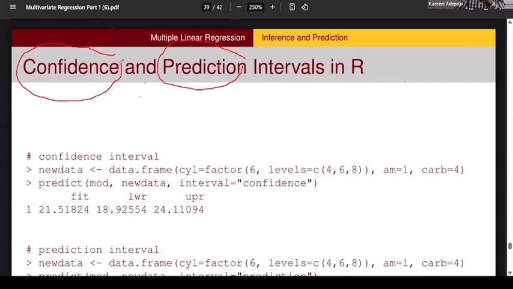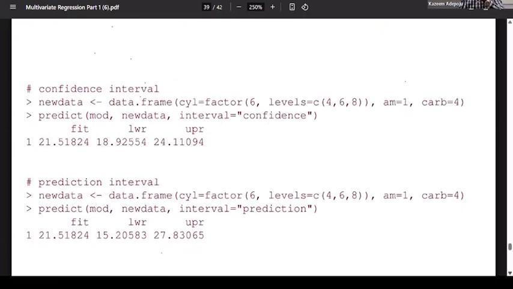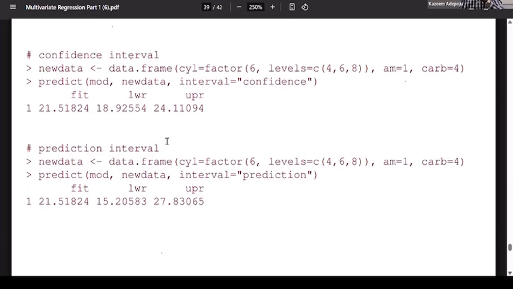Now, what is the code? I need you to pay attention. Look at what I'm doing here. When you hear confidence interval, I want an interval for what? For average prediction. Now, this is what happened. We're looking at the effects. Don't forget the example we're treating.